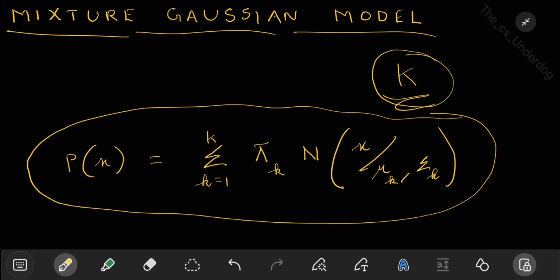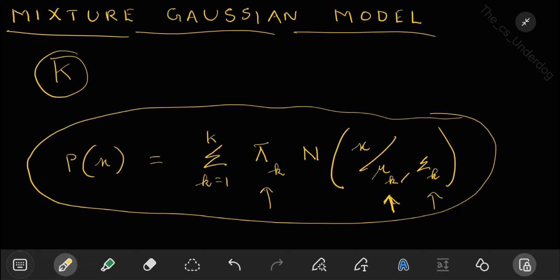So you want to understand that by using a sufficient number of Gaussians and by adjusting the mean, covariance and the coefficient, you will be able to approximate almost any continuous density using this mixture of Gaussians. This is the final point. Mu k is the mean of the kth Gaussian distribution. If you have K different distributions, each will have its own mu and sigma.